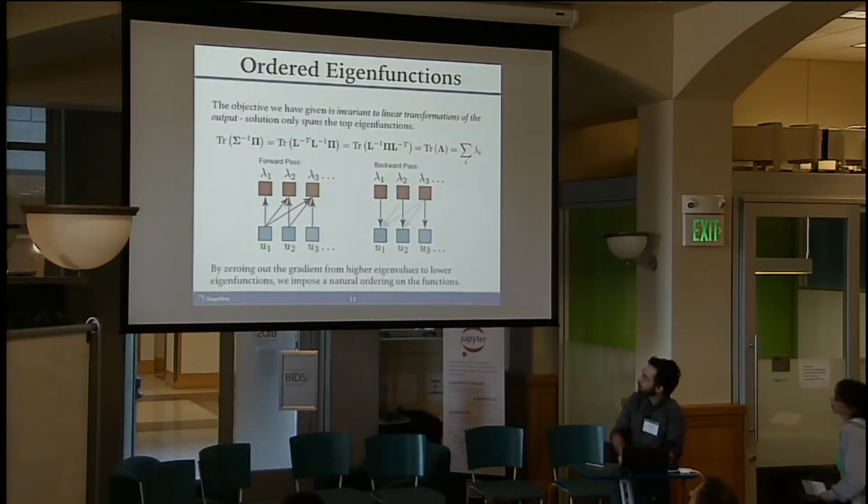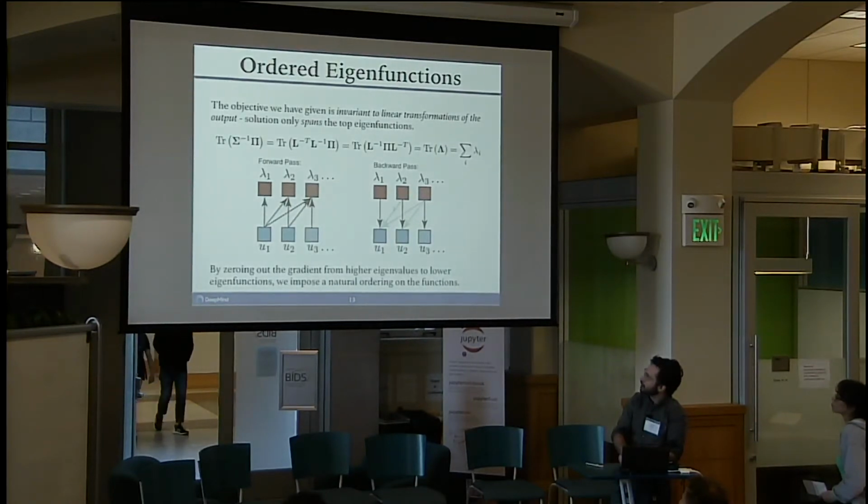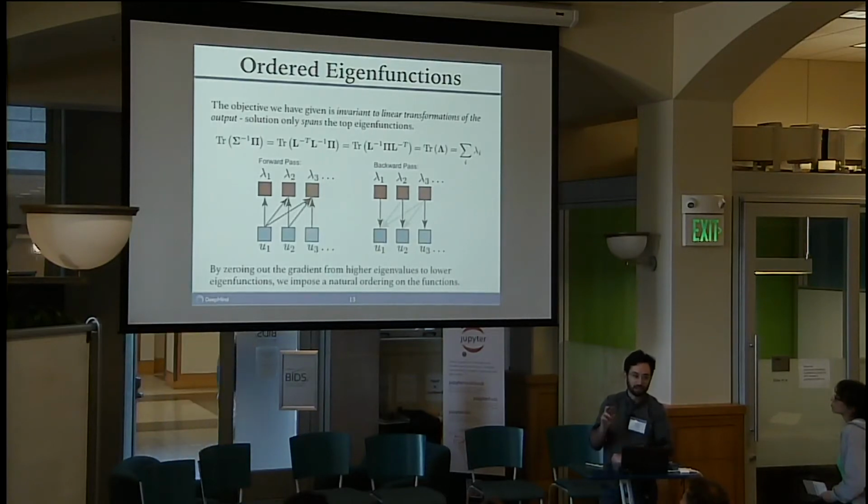And so the forward pass would look like this, where each eigenvalue only depends on the lower eigenfunctions. If on the backwards pass, we zero out the gradients going from higher eigenvalues to lower eigenfunctions, this imposes an ordering on the features. And so this means the first dimension of our embedding will be the lowest eigenfunction, and so on.